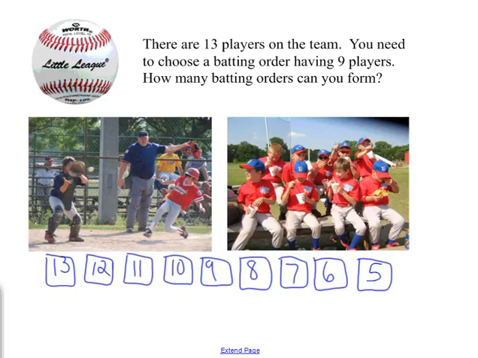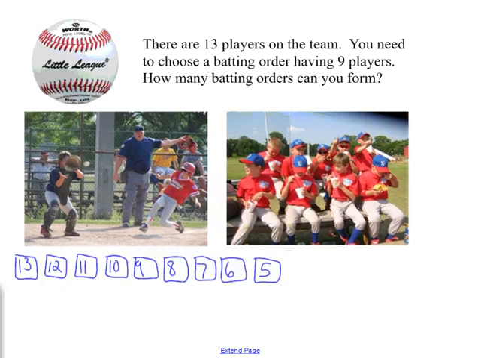So using the fundamental counting principle, I would multiply all these numbers together, and I would get the following number, 259,459,200. So that's 259,459,200 different possible batting orders for a team that has 13 players. That's a lot of different batting orders.